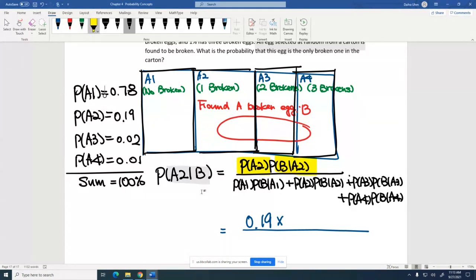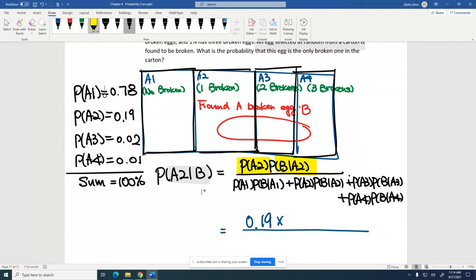How many broken eggs inside the box? 1 out of how many eggs? 12. So the chance I select randomly a broken egg from there is 1 out of 12.